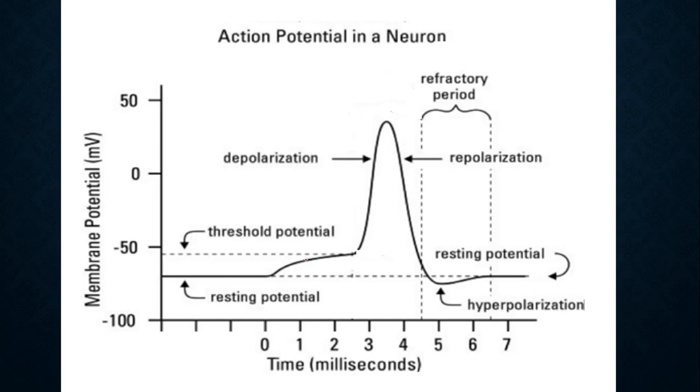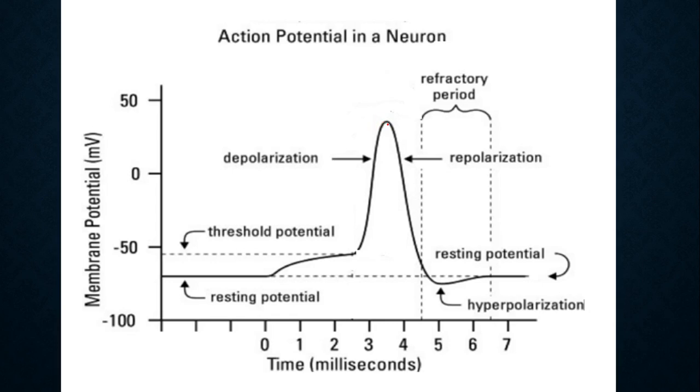Some sort of stimulus disrupts the membrane and sodium starts to leak in. We get more positive. If we hit this magic number called threshold potential, the voltage regulated sodium channels open at threshold, sodium rushes in, and we now have a positive voltage inside.